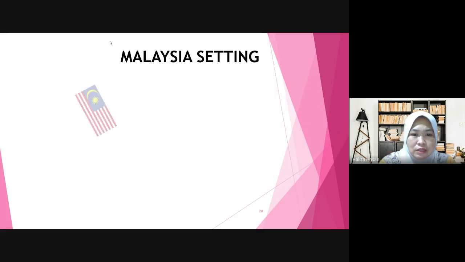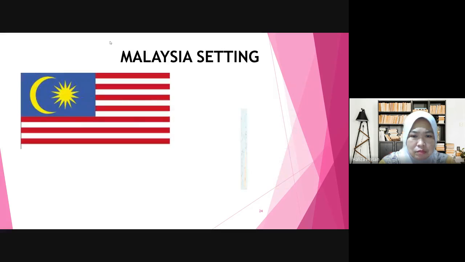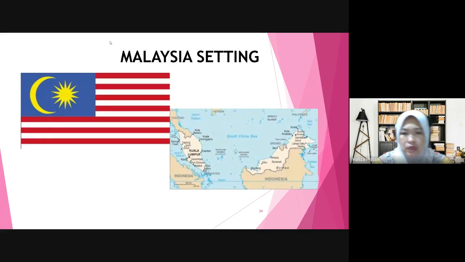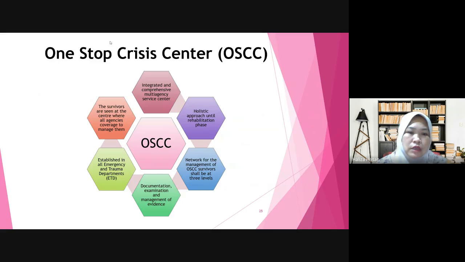Okay, from the Malaysia setting, we have the One Stop Crisis Center, or OSCC. So this center is usually at the emergency department. It has a multidisciplinary team.